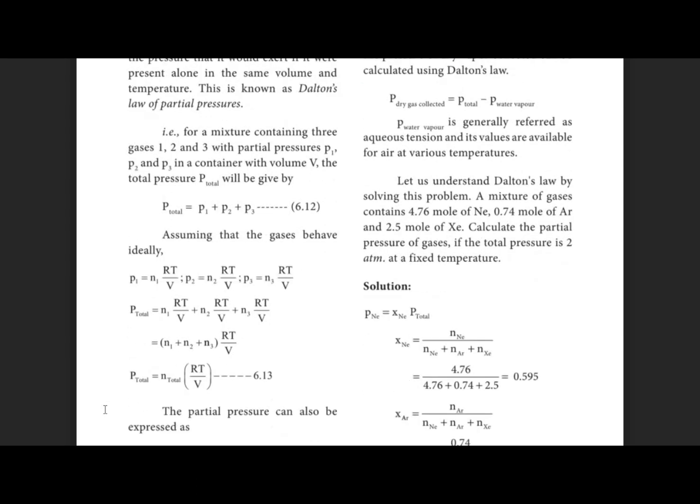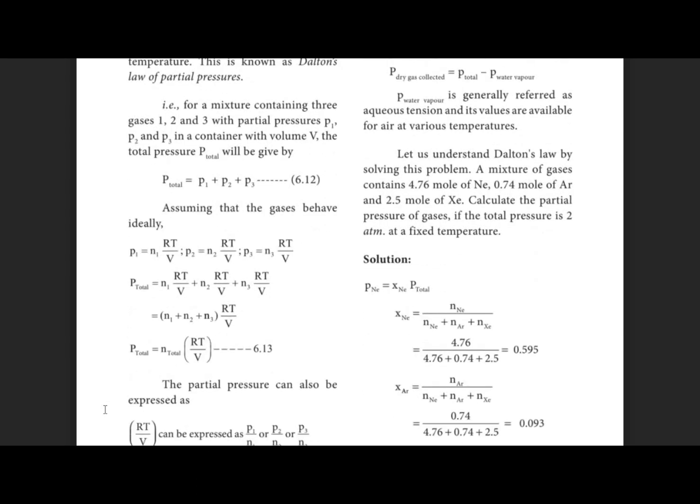Assuming that the gases behave ideally, then according to the gas law, P1 is equal to n1RT by V, P2 is equal to n2RT by V, P3 is equal to n3RT by V. So P total is equal to n1RT by V plus n2RT by V plus n3RT by V. If you take the common term RT by V out, then you will get RT by V into n1 plus n2 plus n3. P total is equal to n total into RT by V.